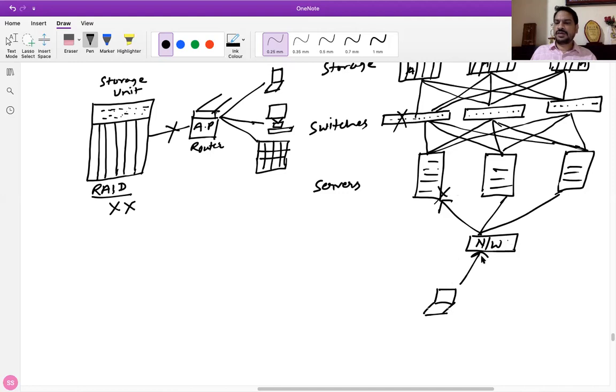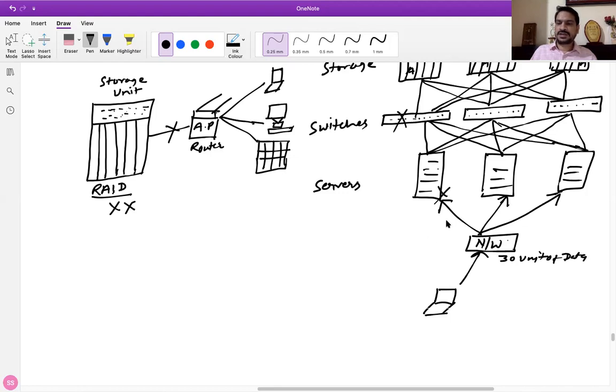Now what happens when we are using a symmetric system architecture? The request will be divided in parallel, and the parallelism will be followed and given to different servers. Let's say the request requires 30 units of data.